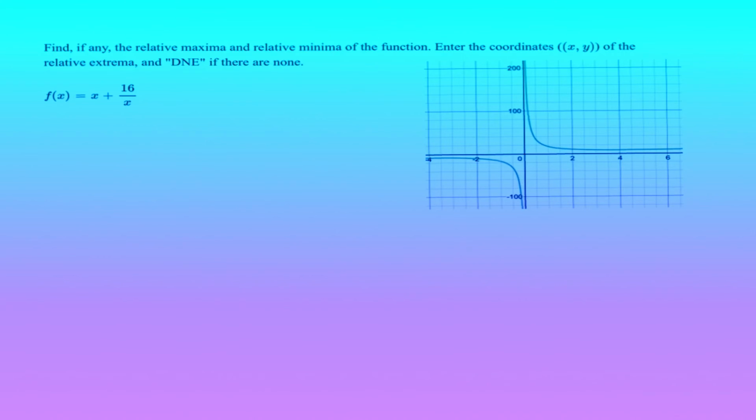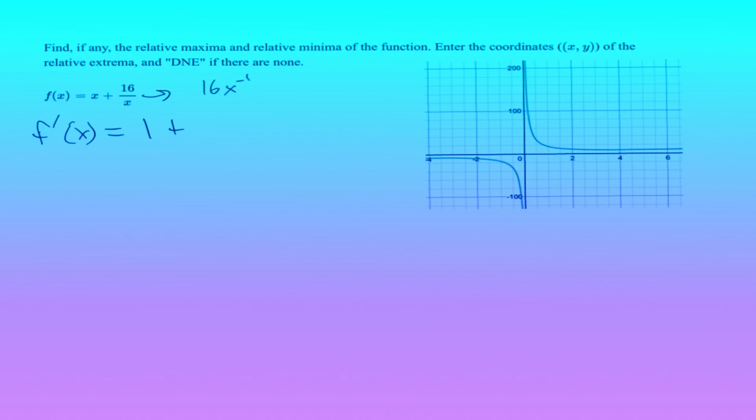Let's go ahead and take our derivative just like we did before. So we're left with 1 plus this right here. I'm going to rewrite it as 16 times x to the negative 1st power. So I'm just using my exponent rules to rewrite this so that it looks easier to take the derivative of.